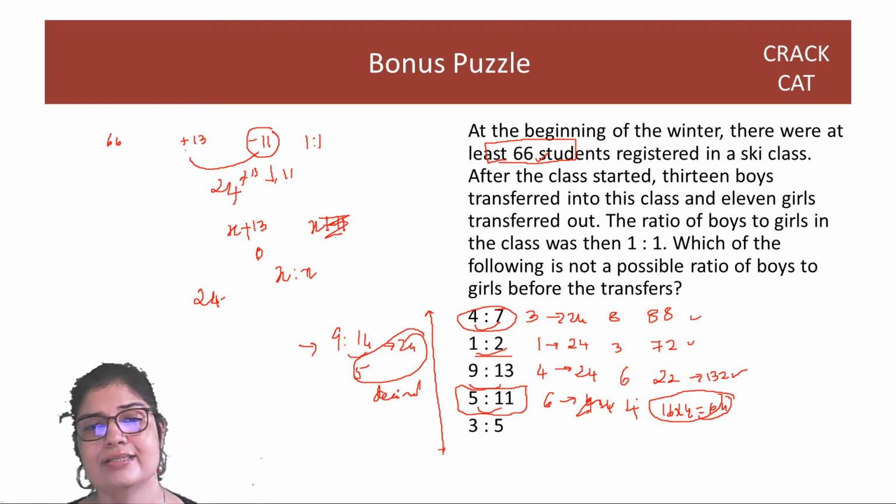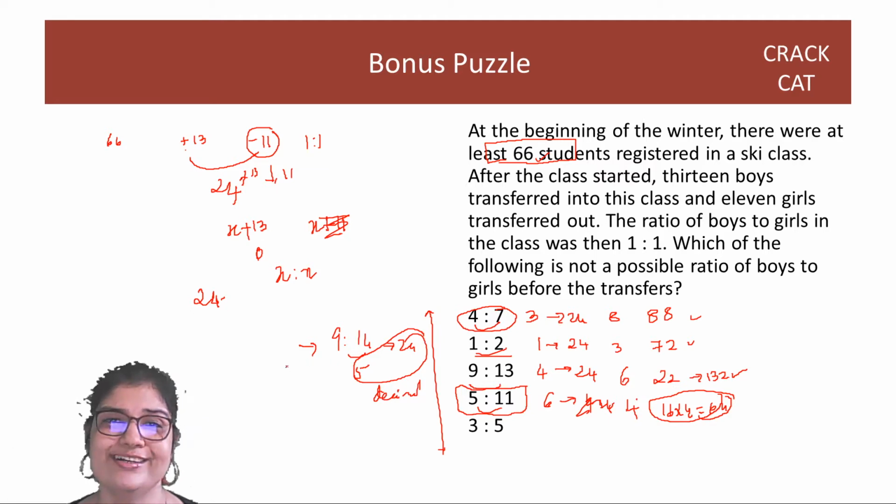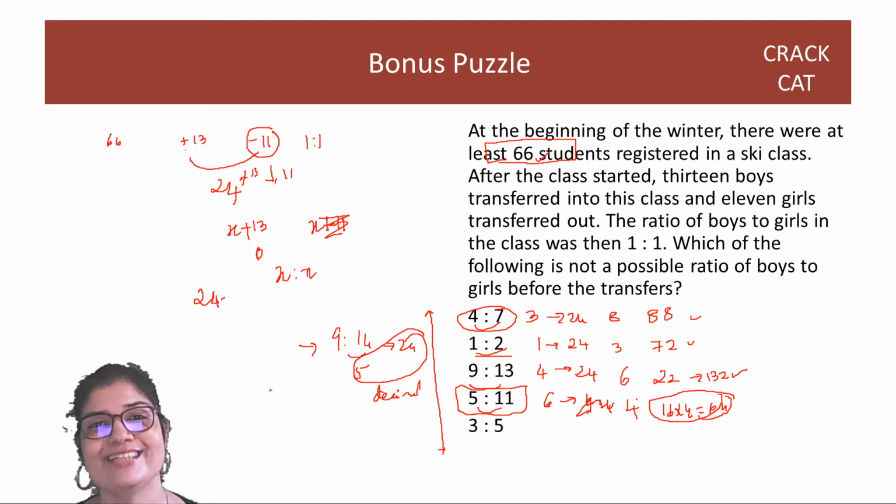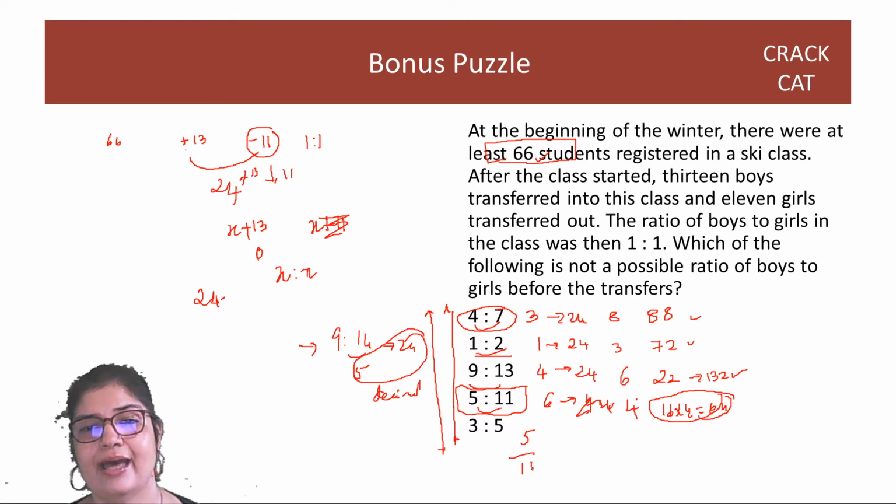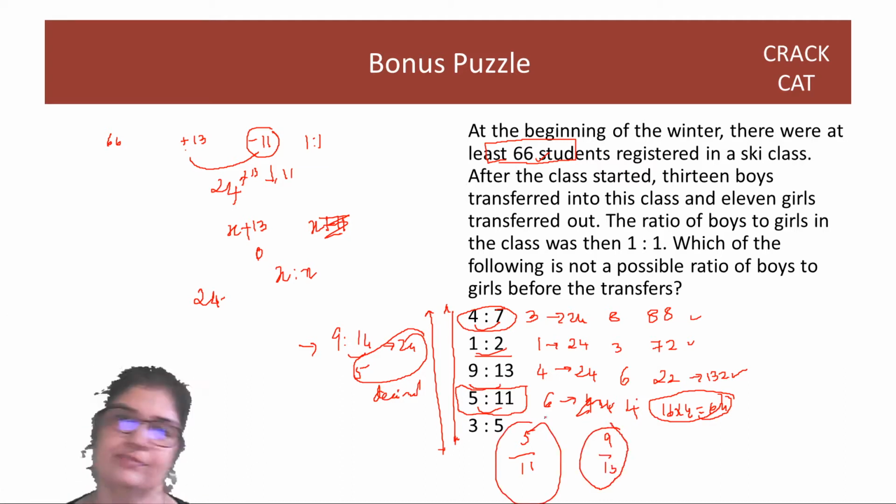The other is that it's an extreme option. So we spoke about extreme options in verbal also, but they work in maths as well, right? So in these host of options, you see, starting from the lowest is 5 by 11, and the highest is 9 by 13. So one of these guys will be the answer. And if you see, 5 by 11 is the answer, right?